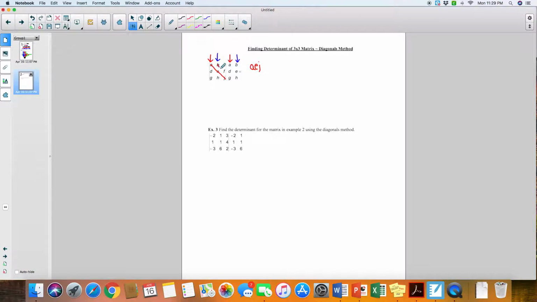So that's B, F, and G. All right, so I'm going to multiply B, F, and G. All right, and then there's one last full diagonal that has 3 terms, and I'm going to multiply that one as well. So that will be C, D, and H.